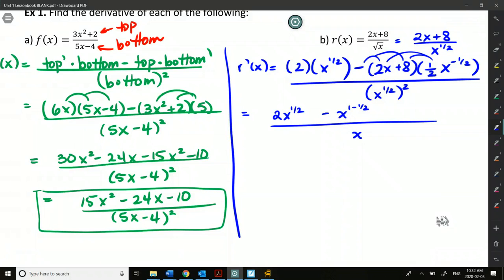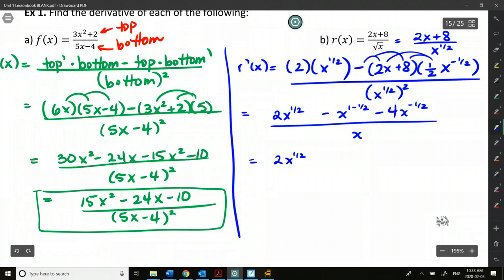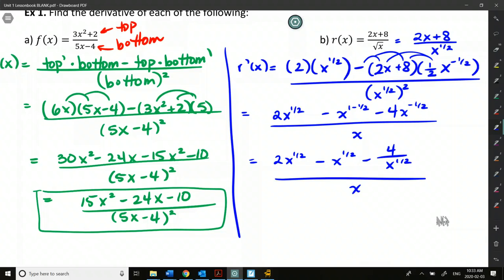And then half of 8 will be 4, and we'll still have the x to the negative half. One minus a half is positive half. So we'll have minus x to the half, and I'm going to write this as half on the bottom.